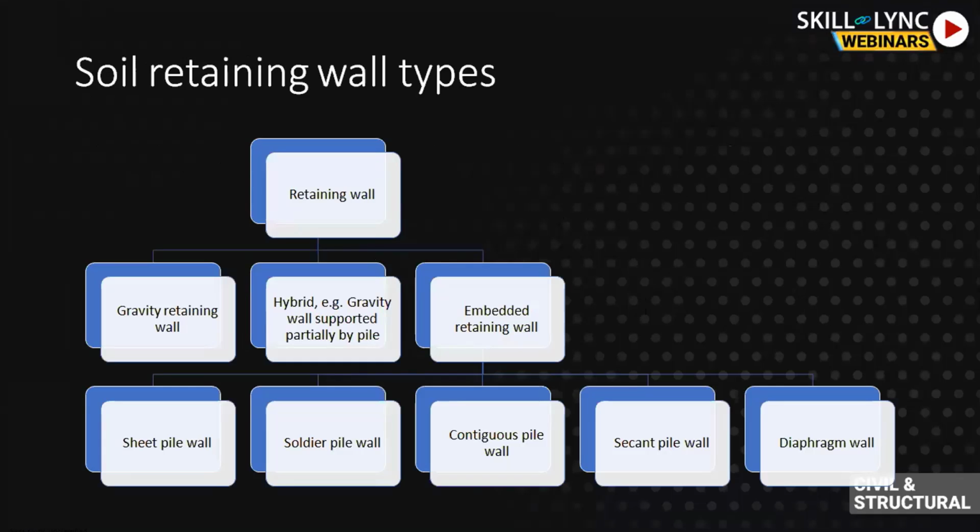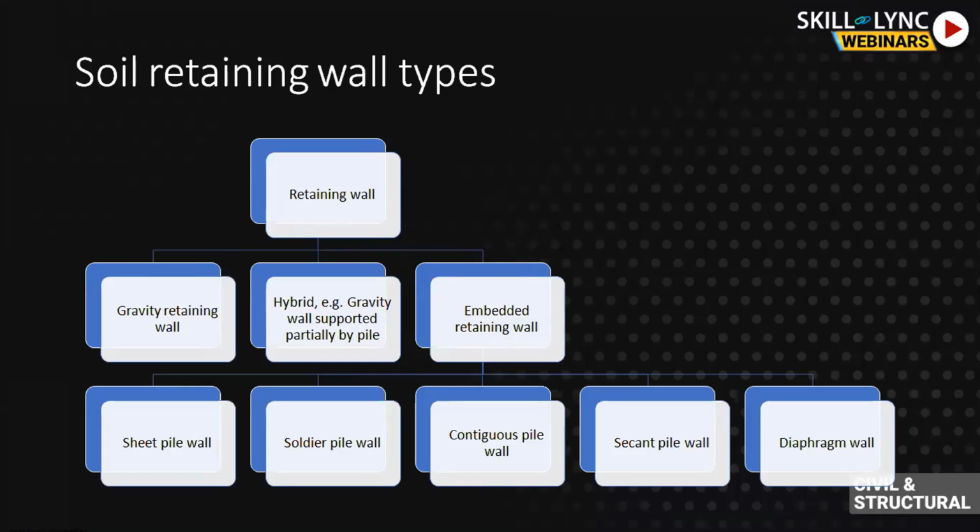So as I said, there are several types of retaining walls. There is the gravity retaining wall, the hybrid type, which is a gravity wall supported by piles, and the embedded retaining wall. A gravity retaining wall is nothing but a concrete retaining wall.